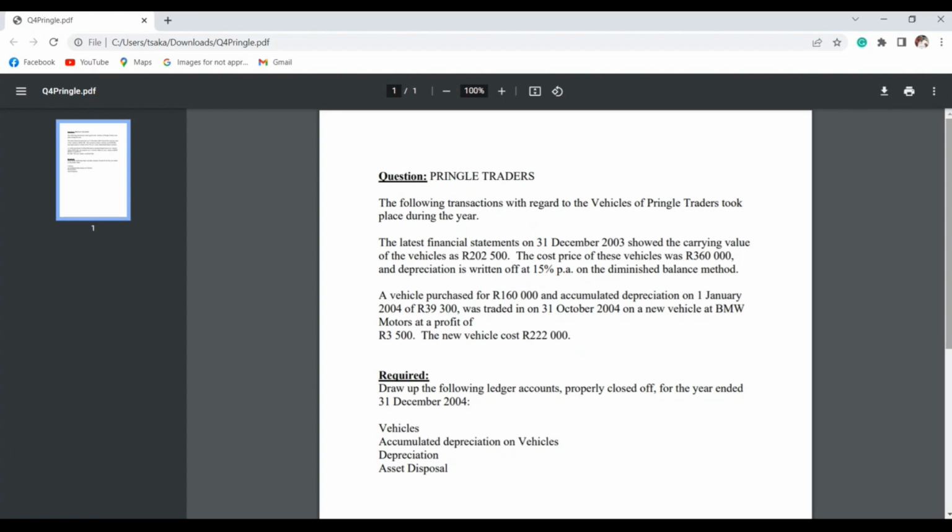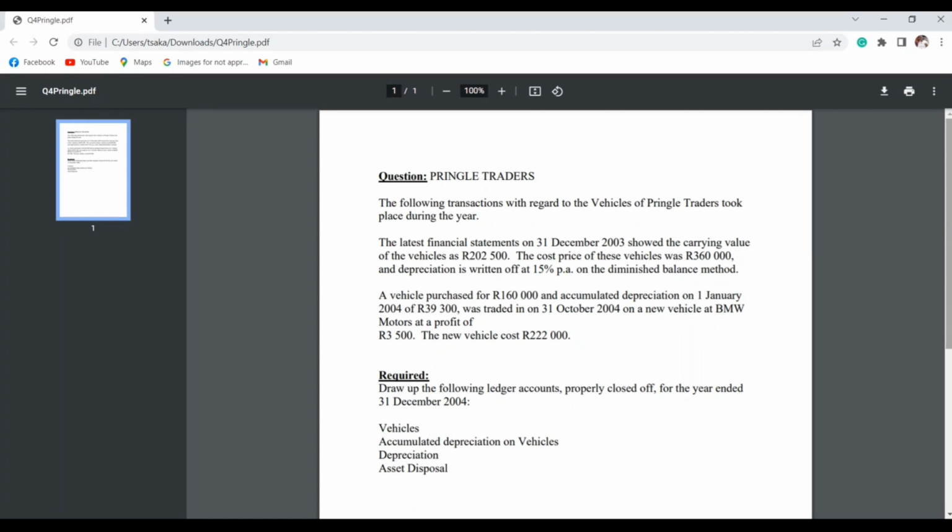A vehicle purchased for 160,000, with accumulated depreciation on the 1st of January 2004 of 39,300, was traded in on the 31st of October 2004 for a new vehicle at BMW Motors at a profit of 3,500. The new vehicle cost 222,000.